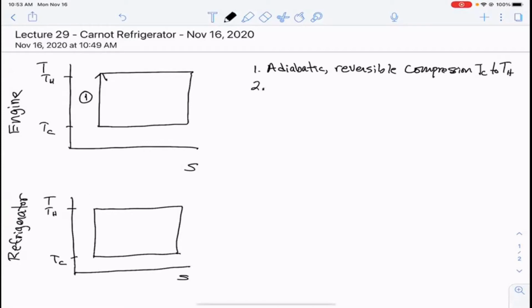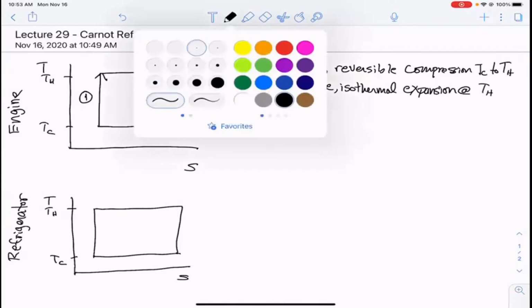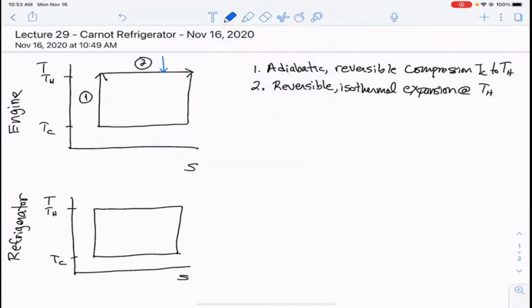And so that second step is a reversible isothermal expansion at T hot, so that was step two. And when we looked at this, we called that Q in. The whole idea in an engine is that you prep the system, you accept heat, so that in the very next step we can do work.